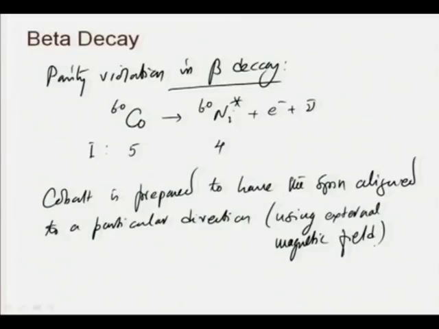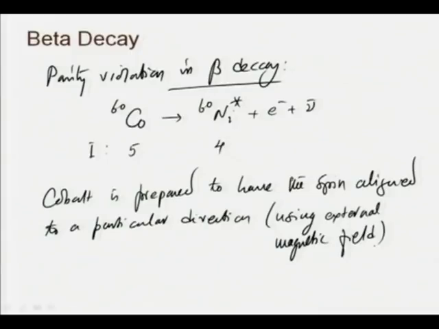If you do not prepare it in that fashion, then if you take a sample of cobalt, although it has large spin, if you have 10,000 of such nuclei, or much more, even 1 mole with 10 to the power 23 cobalt nuclei, they will all be randomly arranged, and therefore the total spin of the sample is equal to 0.